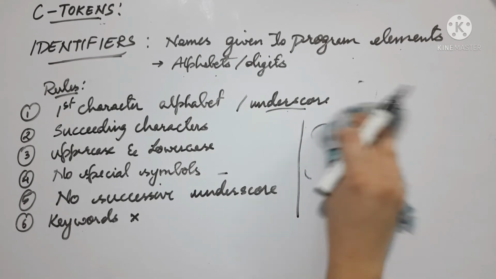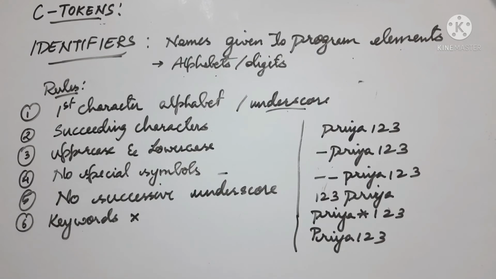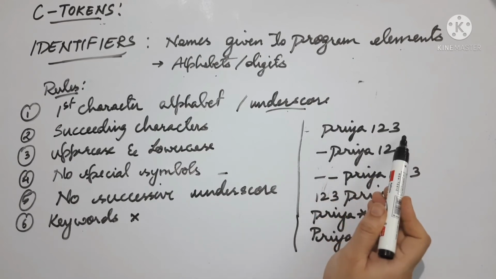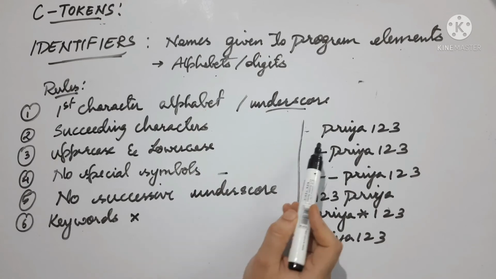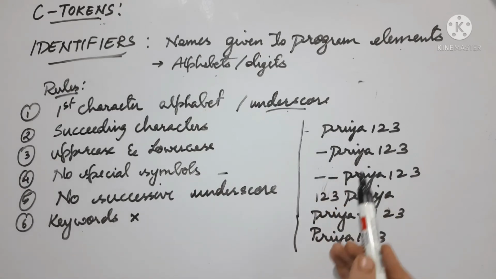Now, based on these rules, we will check certain examples for identifiers. Here are some examples which I have given for identifiers. Can you just try to identify which they are? Let us check. First one, Priya123. Is this an identifier? Yes, because all the rules are applicable. The first character is an alphabet, followed by alphabets and digits.